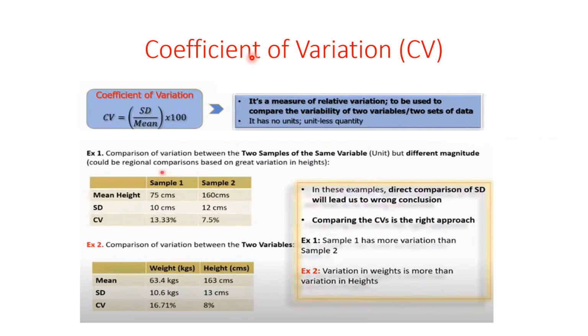It's also a measure of dispersion, and the formula is very simple. You divide the standard deviation by the mean and multiply it by 100. So when you multiply it by 100, you get a coefficient, and this coefficient of variation has nothing to do with your correlation.